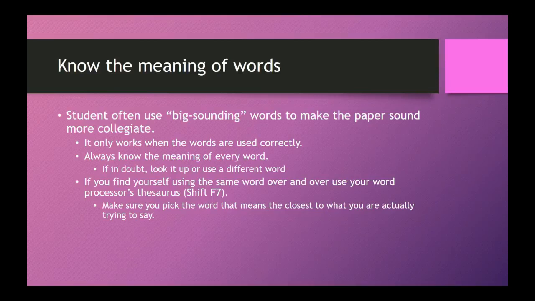And if I pick the wrong one, if I pick one that is for the other pronunciation of the word, because I really don't know, I'm just kind of trying to break up my paper so it doesn't keep saying suspect, suspect, suspect, suspect, I'm going to make no sense whatsoever. So I have to make sure that the word I choose has the meaning that I intend. So always make sure that you pick the word that means the closest to what you're actually trying to say.